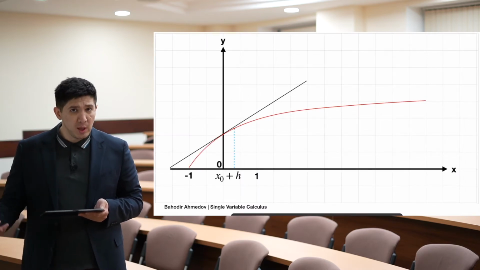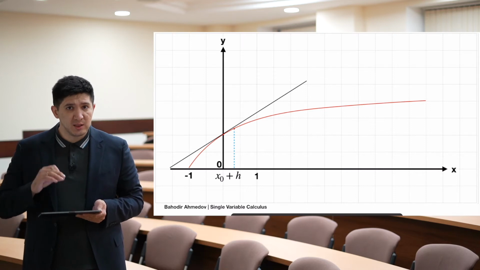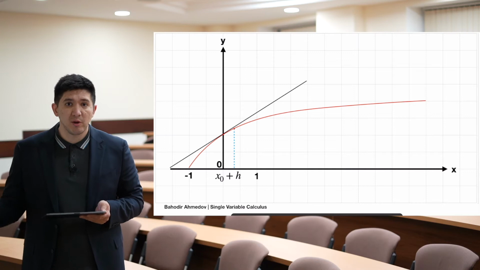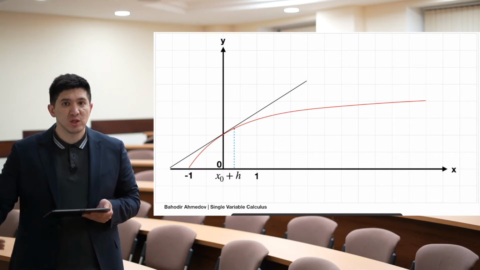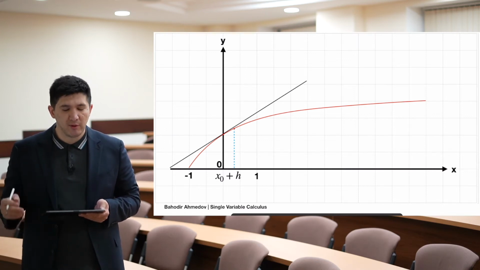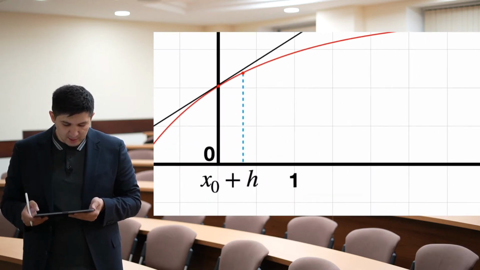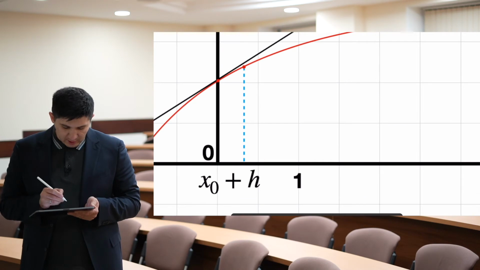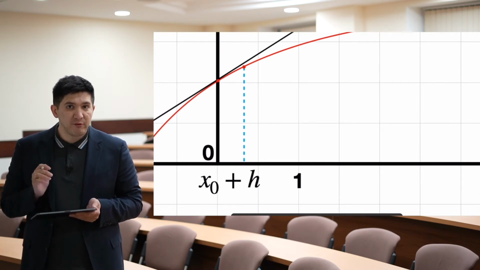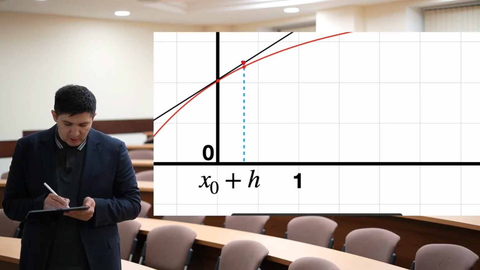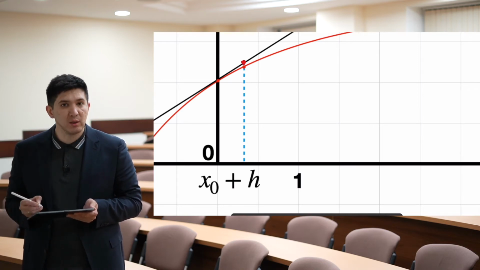Since we know how to evaluate the function at the point x0, we can find the equation of its tangent line as well. So instead of evaluating f of x0 plus h, I would like to evaluate the value of the tangent line here.